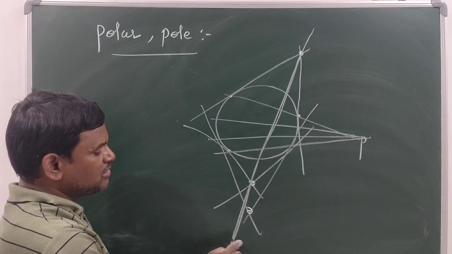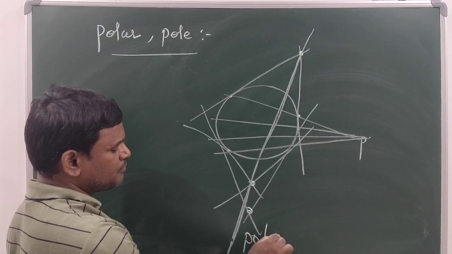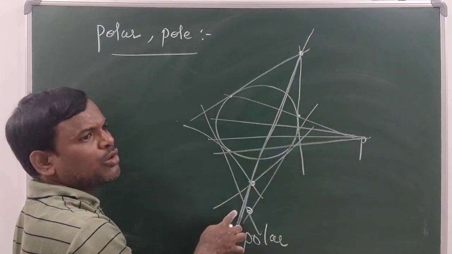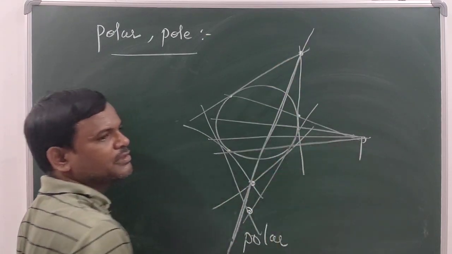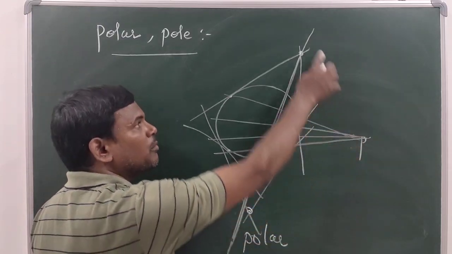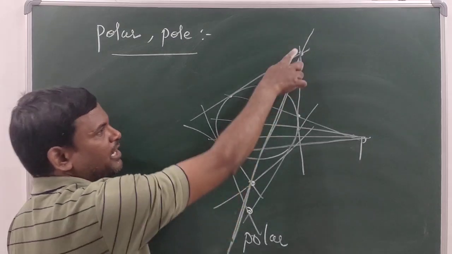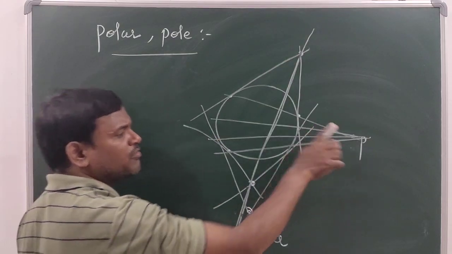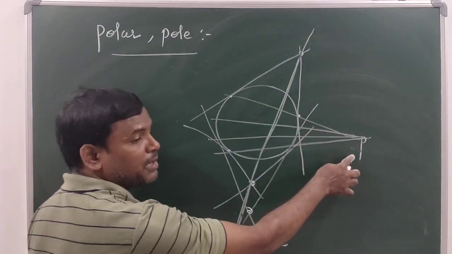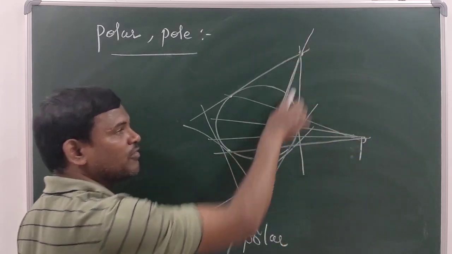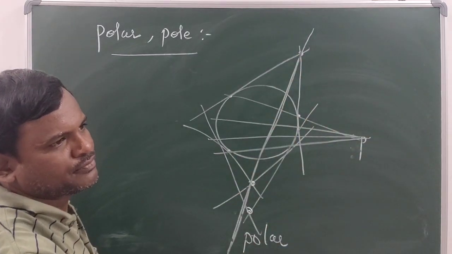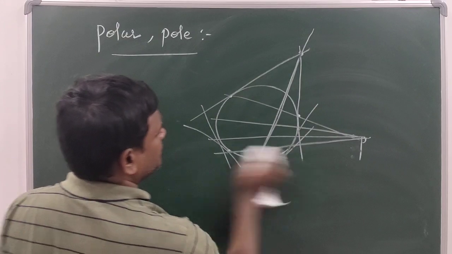Okay. So this is called polar. This line is called polar of this point P. Understood? P will be called pole of this polar. Okay? Right.